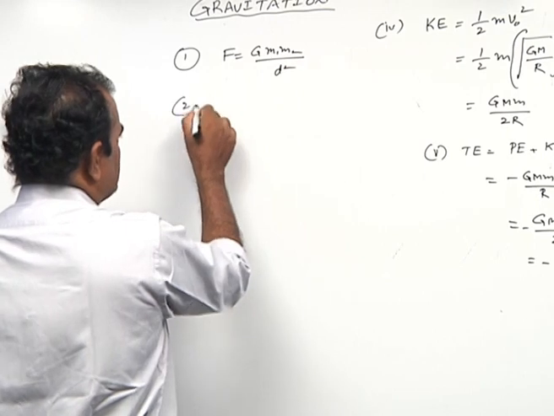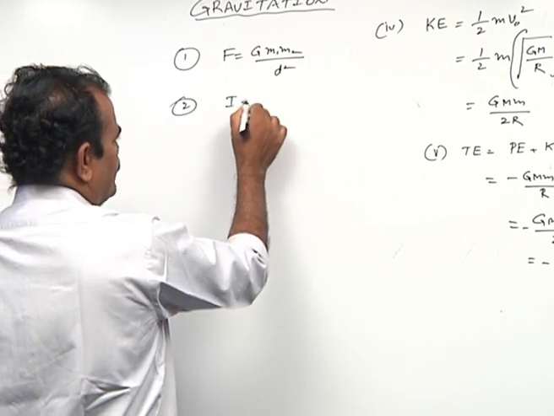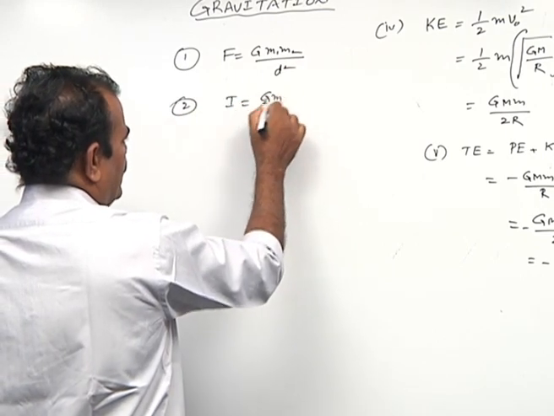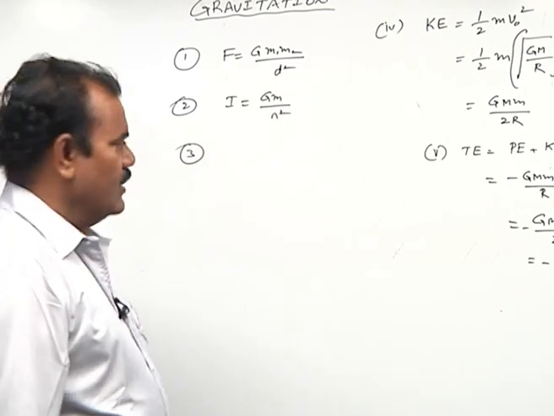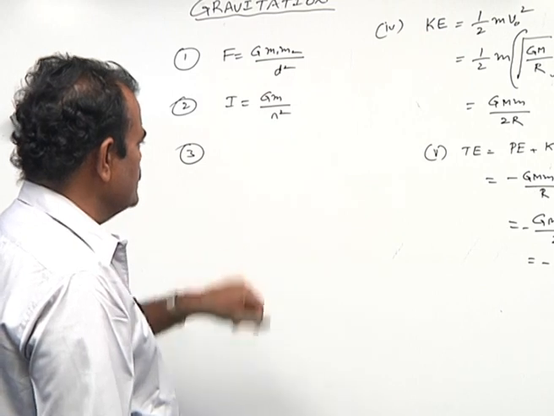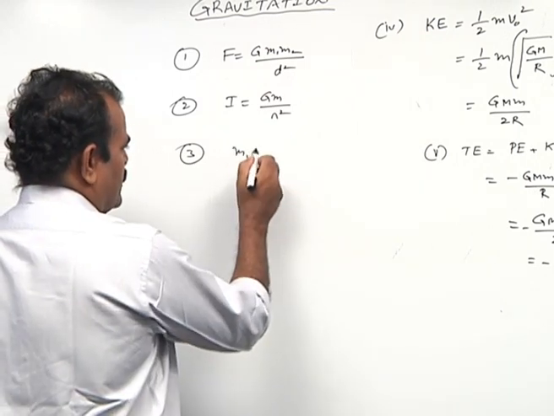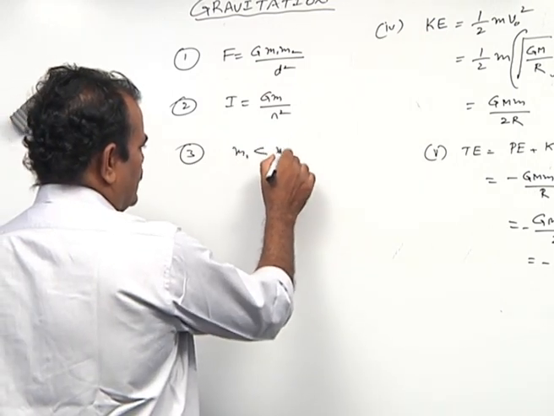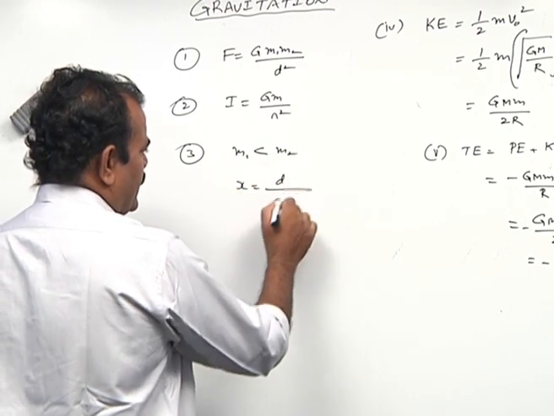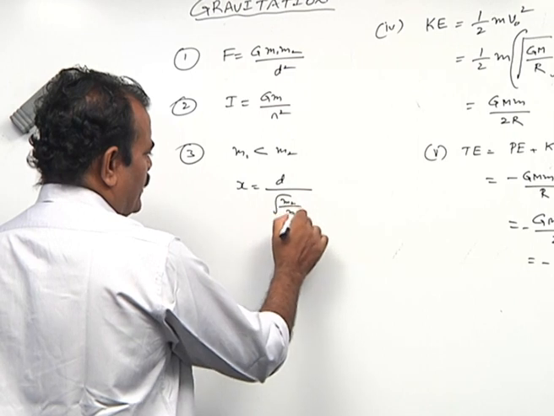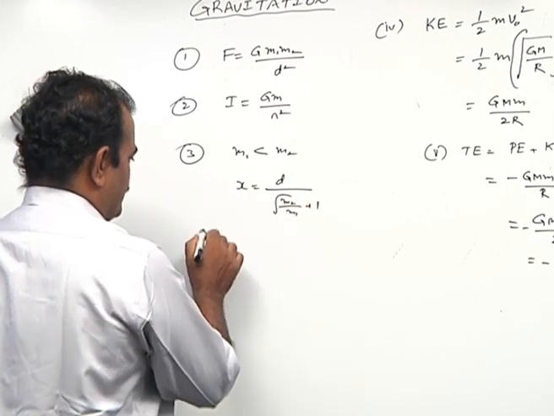The second one is the intensity of gravitational field, Gm by r square. The third one is the distance from the smaller mass where the resultant intensity of gravitational field is 0: x is equal to d by (root of m2 by m1 plus 1) only, it cannot be minus 1.